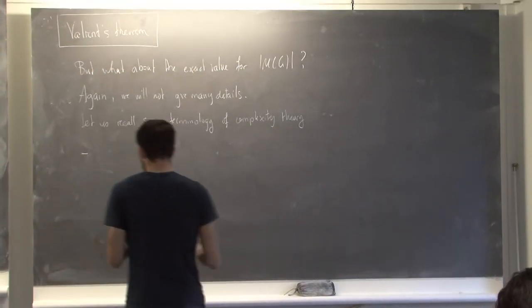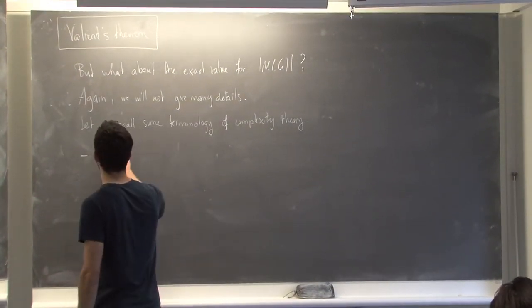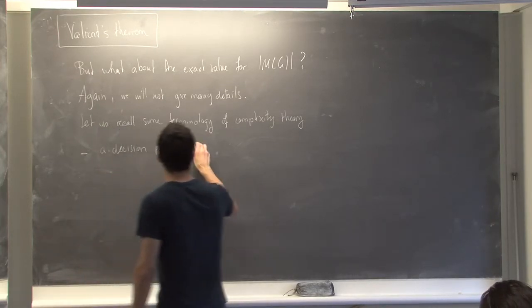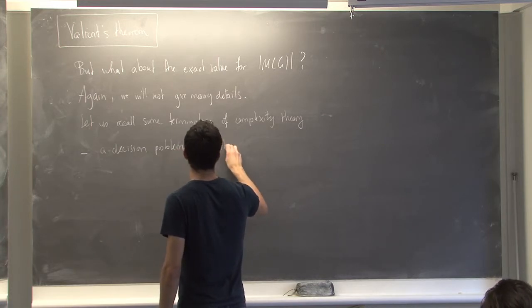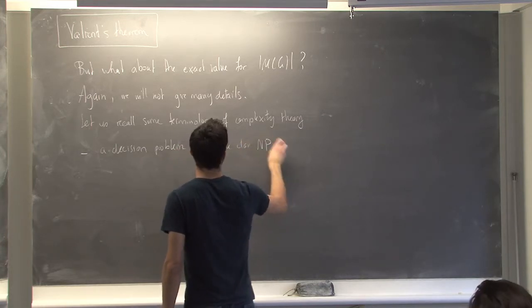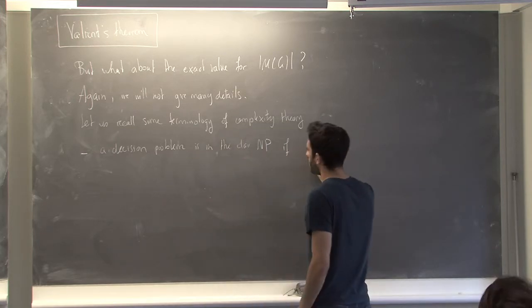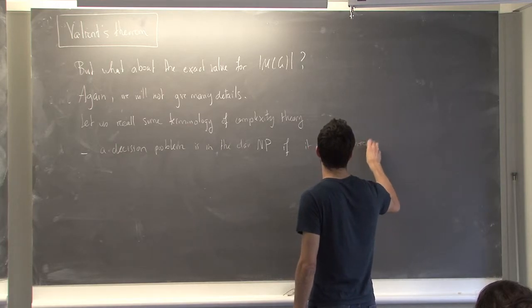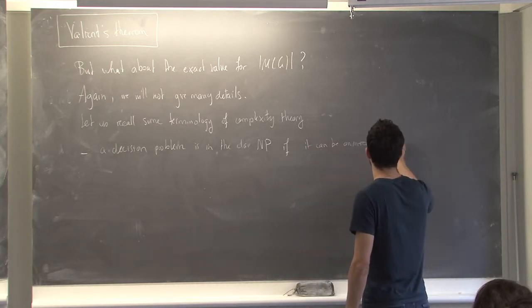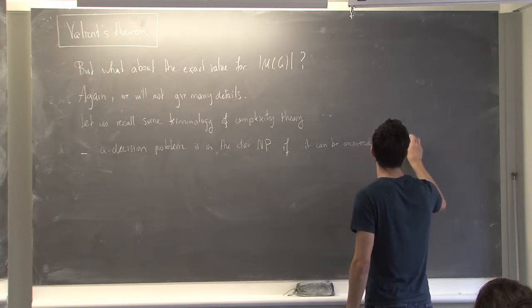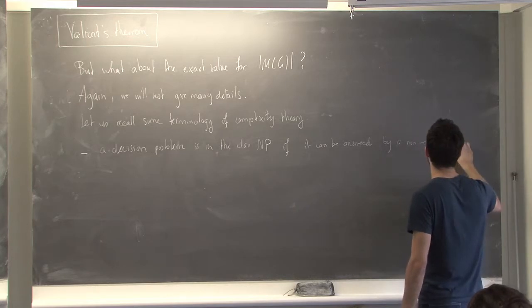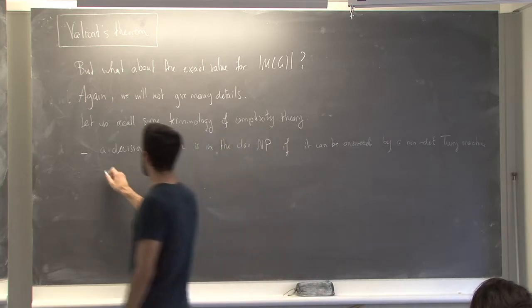So the first terminology that I had already, so a decision problem is in the class NP if it can be answered by a non-deterministic Turing machine in polynomial time.